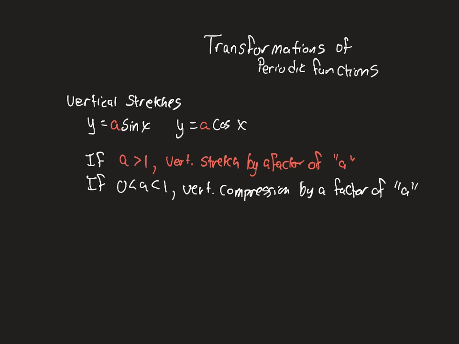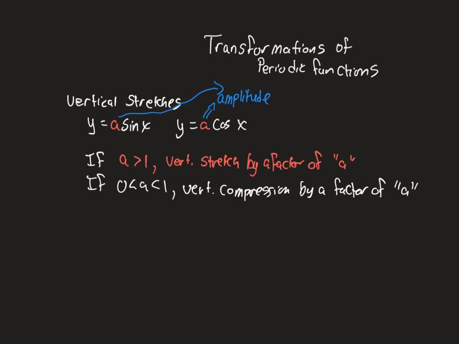If a is a fraction, it is a compression vertically. Okay? But here's the one difference. A in this case, in both cases actually, whenever you talk about a periodic function, always refers to the amplitude. So it's also represented by the amplitude.